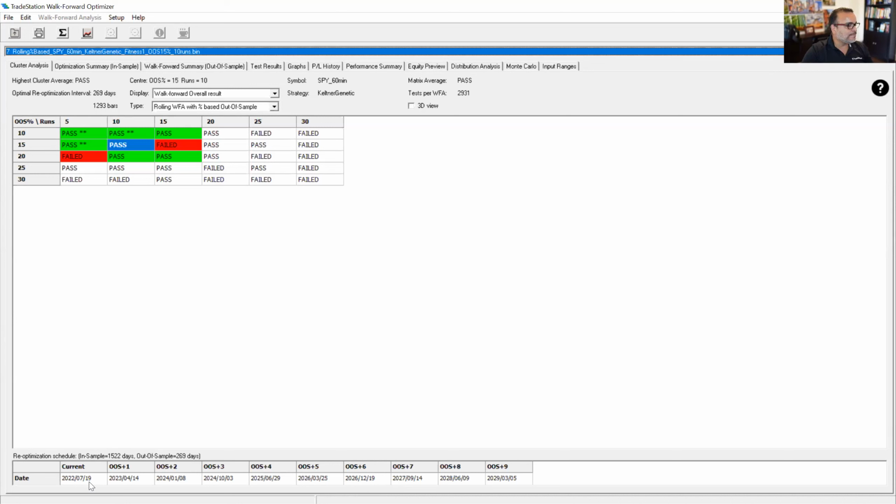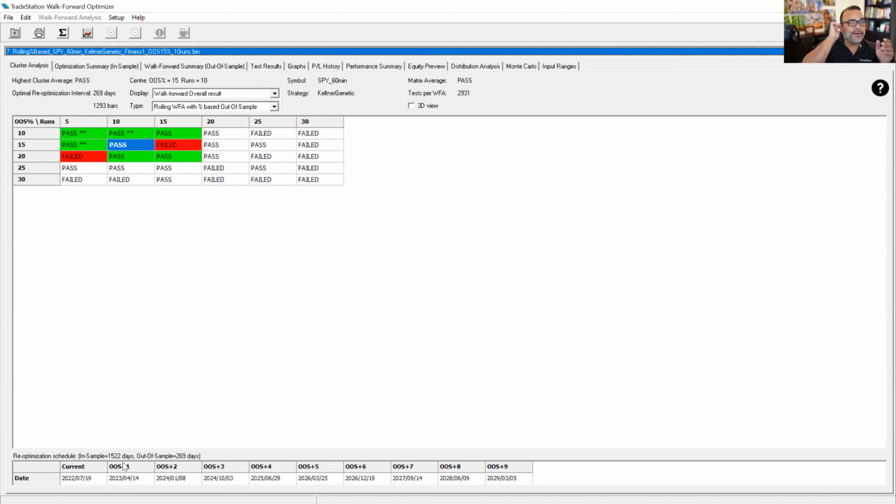That's today, the date today is the 27th. So this is using the data as of the 19th of July. But here it's telling you that come April 14th, then we should re-optimize the strategy. Why April 14th? Because 260 new days have passed, and it's just suggesting that you should optimize.